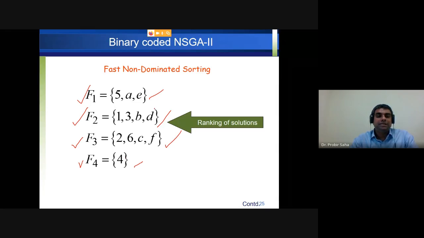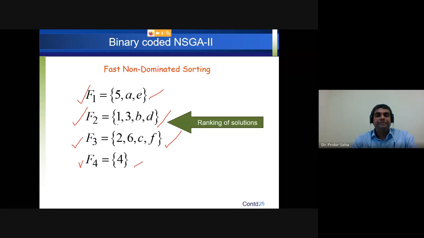Now, what I can say is that rank one solutions, that means solution number 5, A and E, are absolutely better than any solution lying on F2, F3, F4.